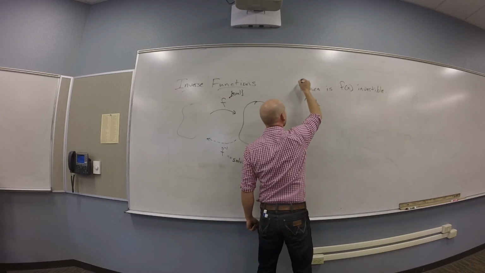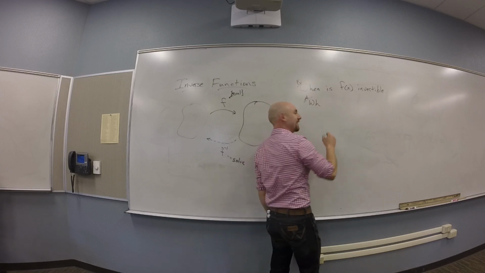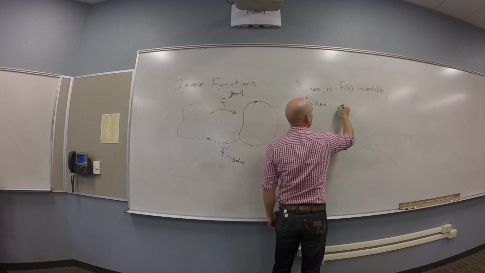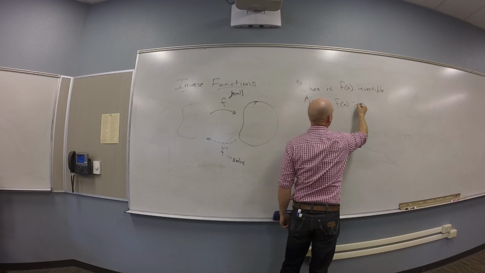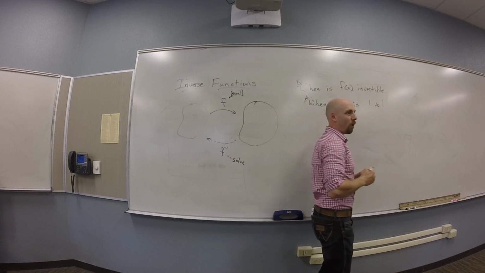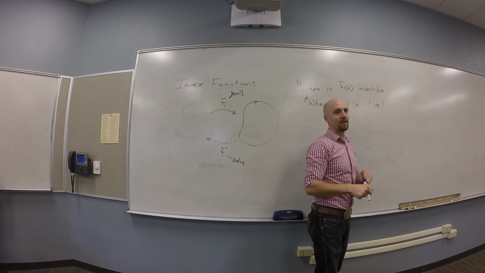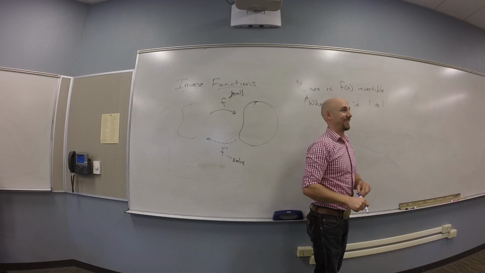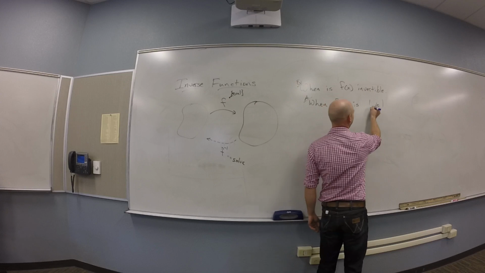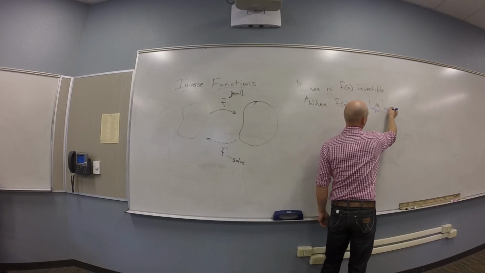So when f of x is 1-to-1, what do the ones mean in this? Input and output. For one input, you only ever get one output. Super close. For every one output, you only ever get one input.